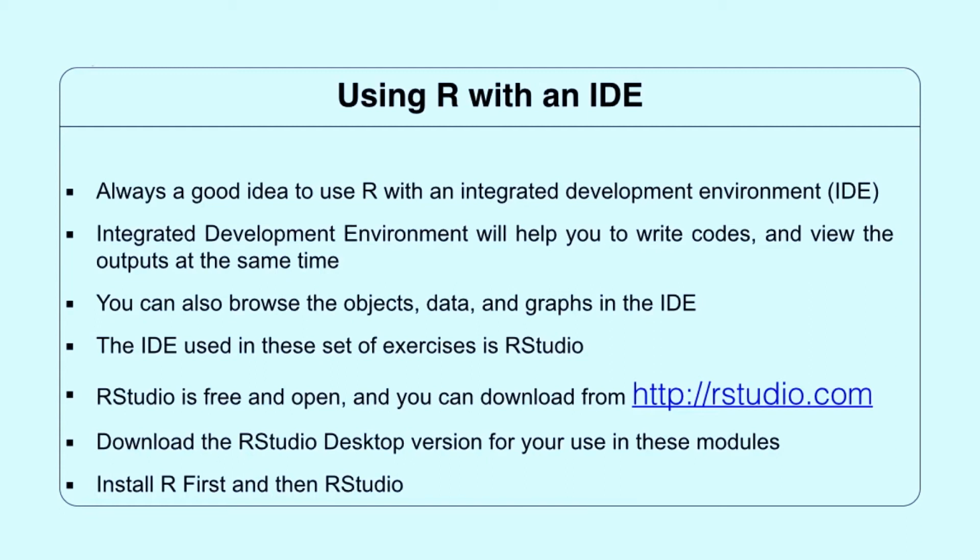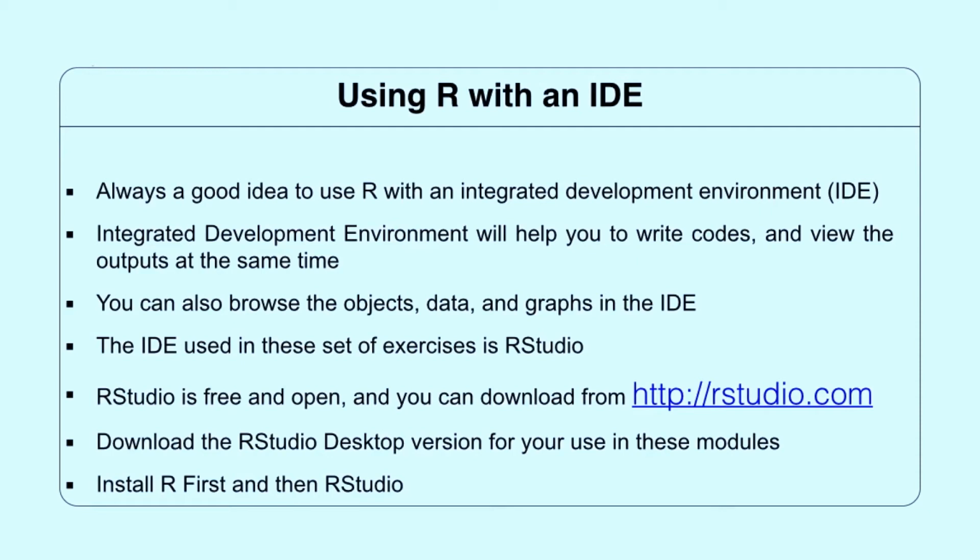The IDE used in this set of exercises is RStudio. Like R, RStudio is free and open source, and you can download RStudio Desktop from the rstudio.com website. So download the RStudio Desktop version for your use in these modules.